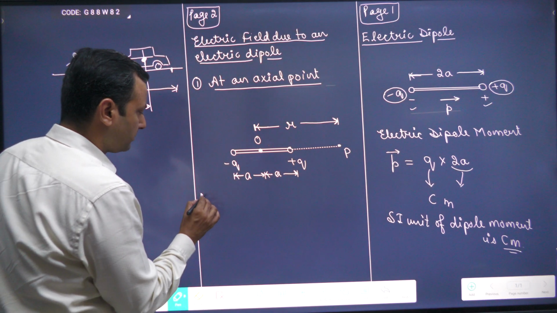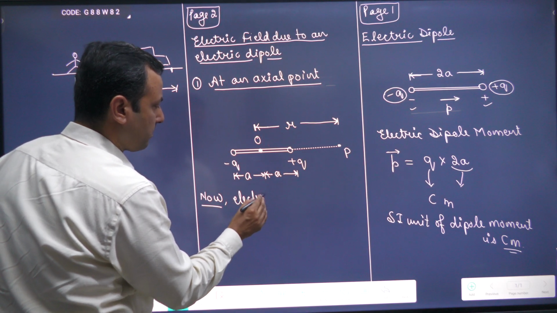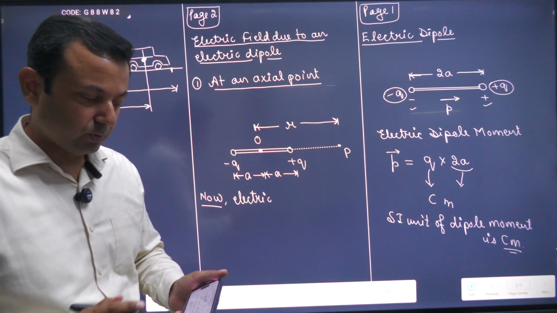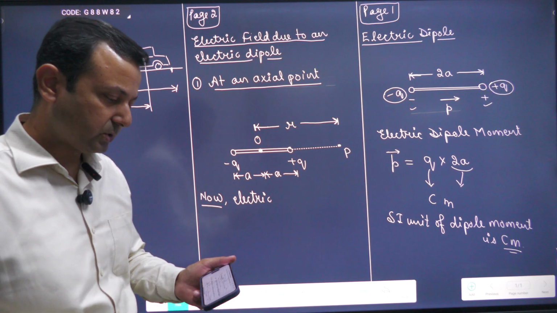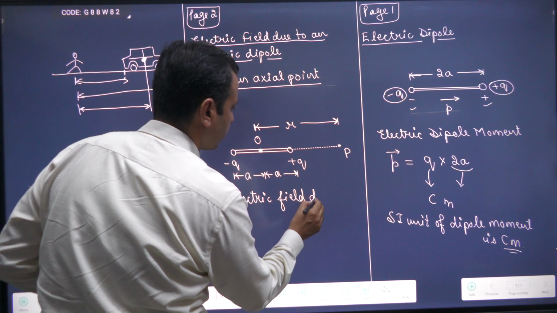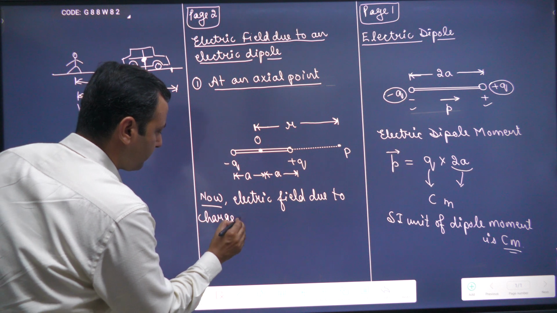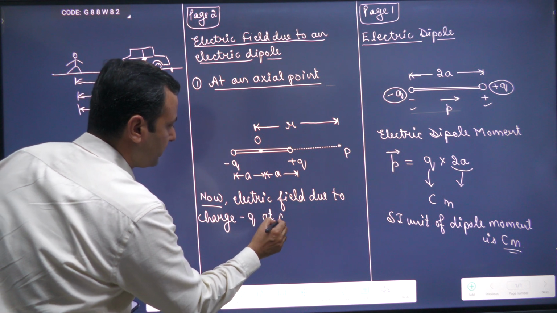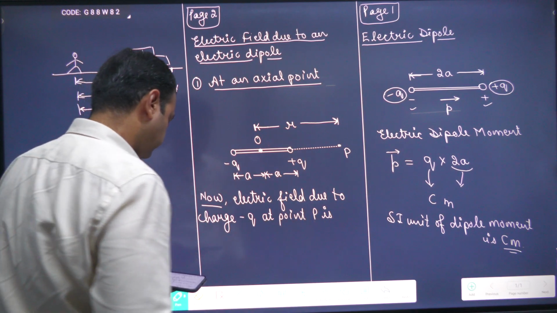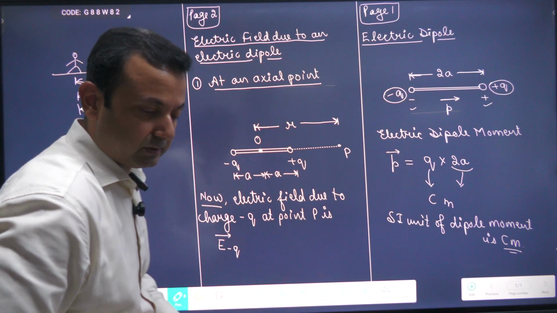Now, the electric field due to charge minus q at point P is E minus q. Okay. There is one more thing.